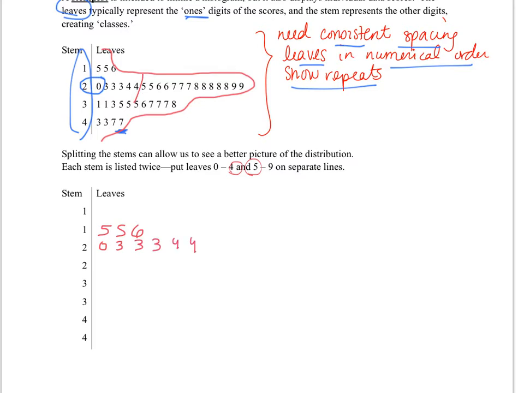And then all the numbers after 4, so 5 through 9, would be on the second stem. So we would have 5, 5, 6, 6, 7, 7, 7, 1, 2, 3, 5 8s, and then 2 9s. Pause the video and construct the rest of your split stem leaf plot.